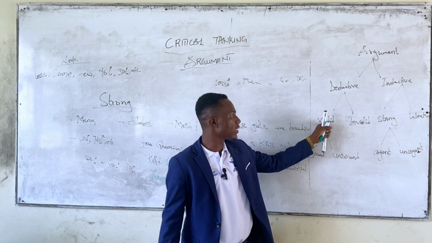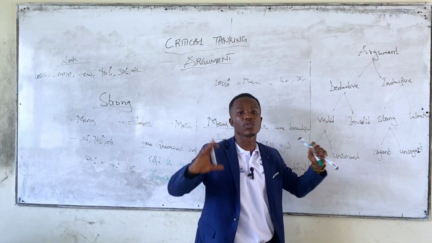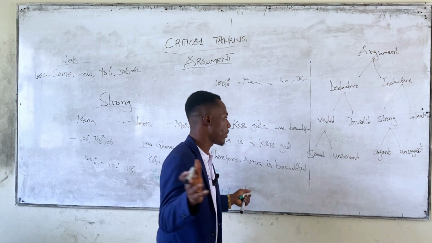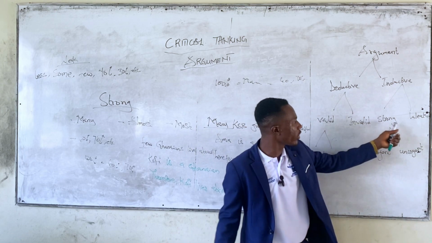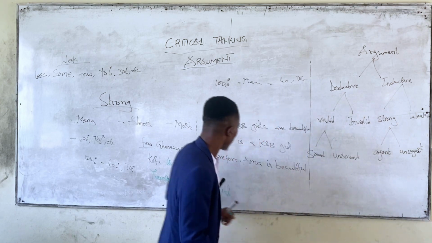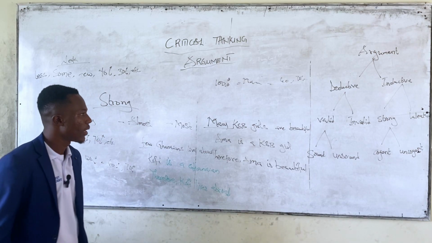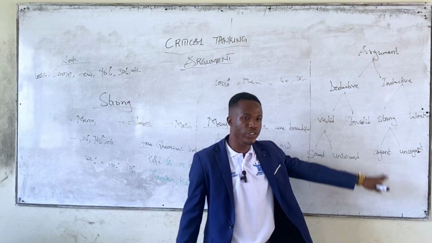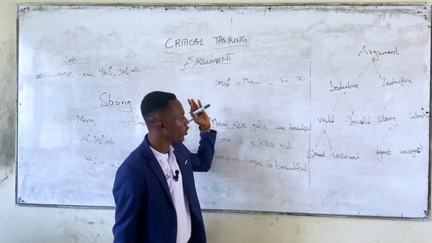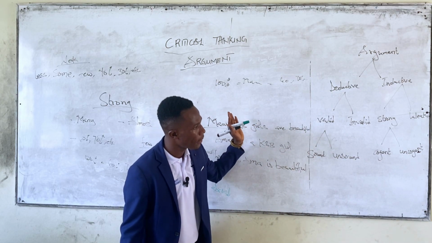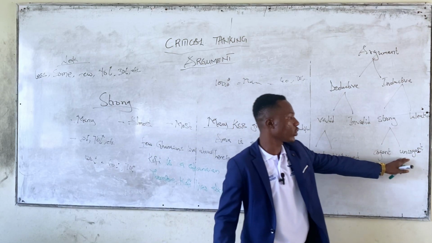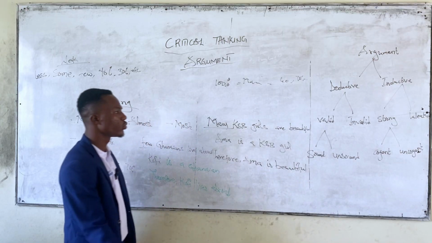Unsound is when the argument is valid but the whole argument is false, like the all best things example. So the same thing when you come to the strong here. This is a strong argument, but then if it is true, then it is cogent. If it is not true, then we can say that is what? Uncogent. Then how do you know it is true or it is not true?